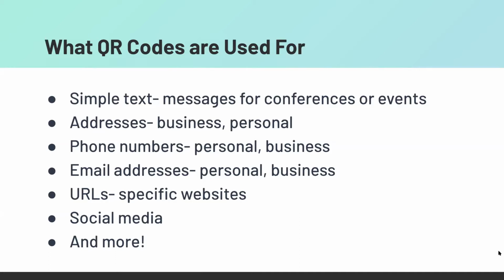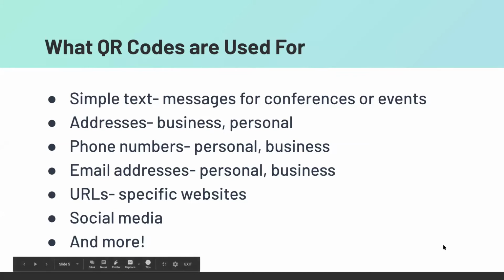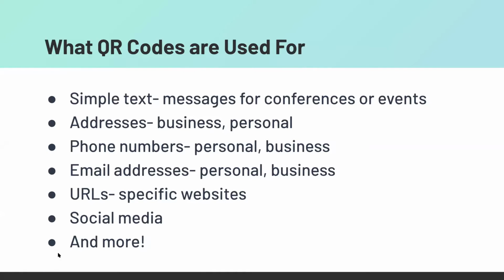You can also use it to access addresses, whether it's for business or personal use, as well as phone numbers, email addresses, for both personal and business use again. And then you can also use them for URLs, which will then take you to a specific website. And then there's also social media that you can use it with, and many other different forms. These are just the main, most commonly used forms of QR codes.